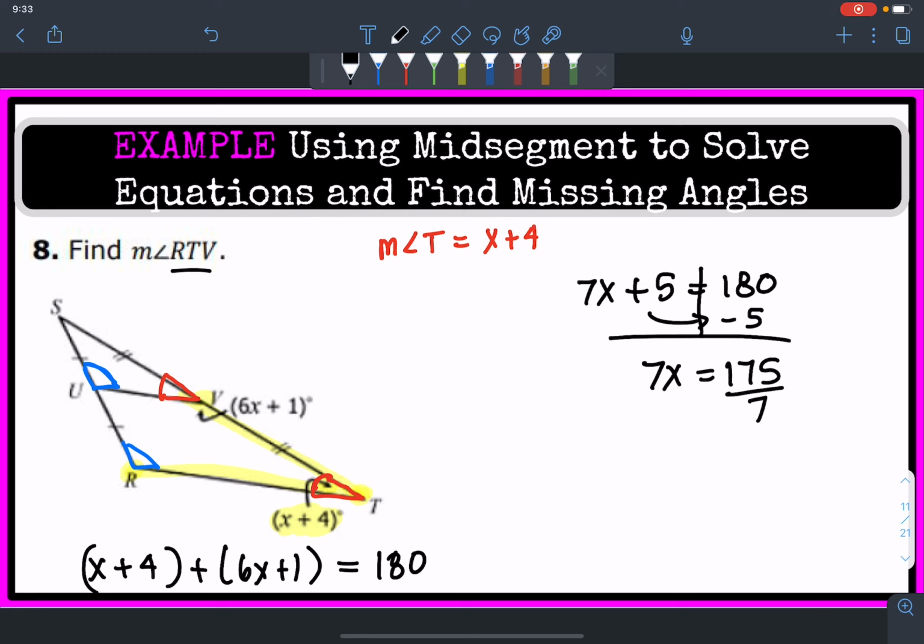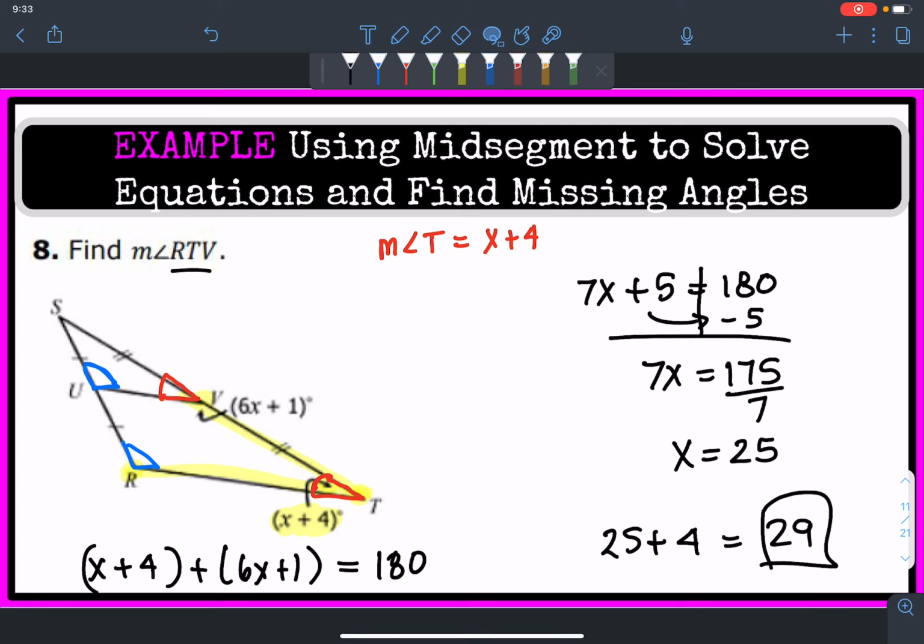Dividing by 7, the value of x is equal to 25. And substituting in that value there, we would get 25 plus 4, which is equal to 29. So that is the measurement of RTV.